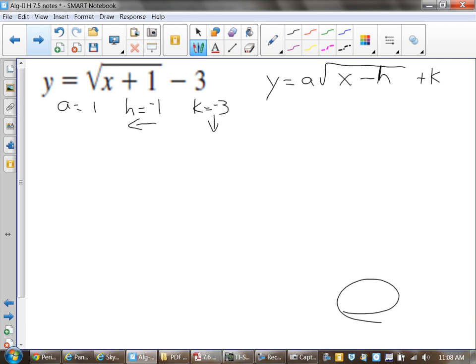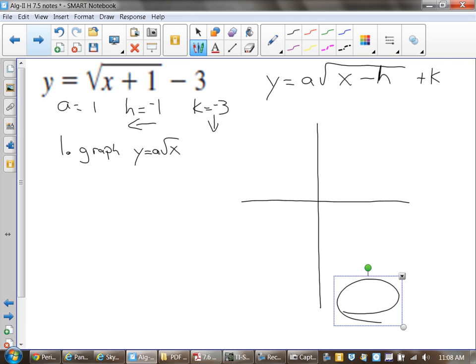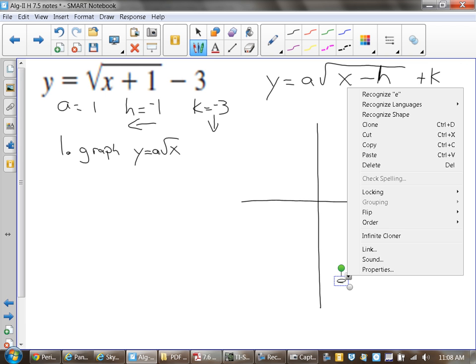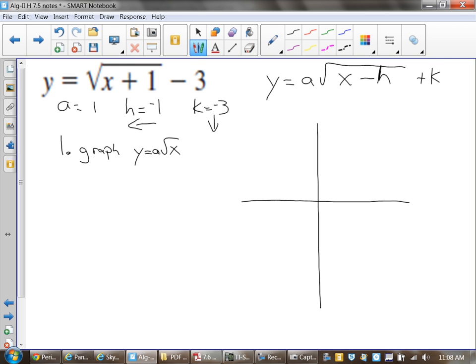How does this look? Your first step is to always graph what's called a parent function, the y equals a root x in this case. For each and every one of these, you're going to graph y equals a root something. In this case, my a value is 1, so it's a really easy graph to sketch. What's the square root of 0? 0.